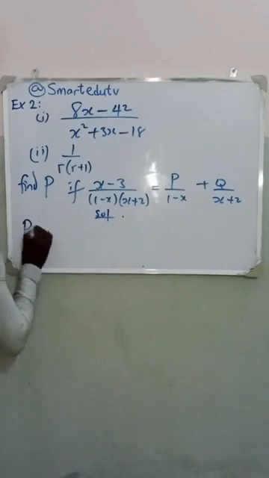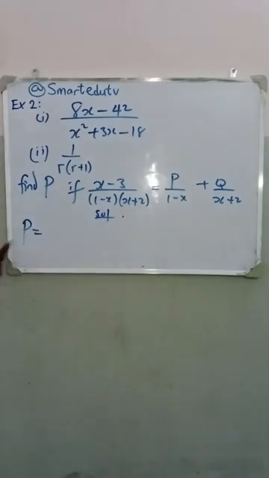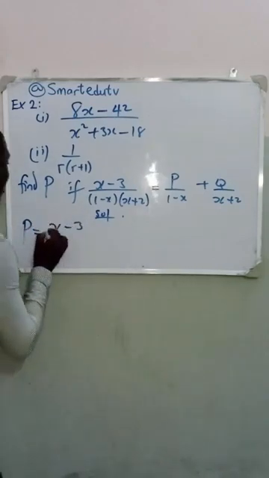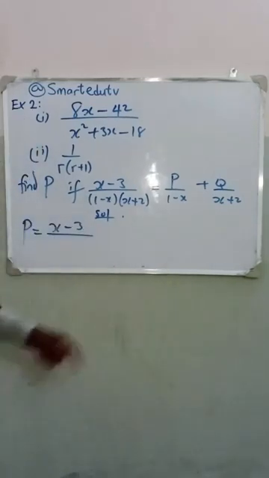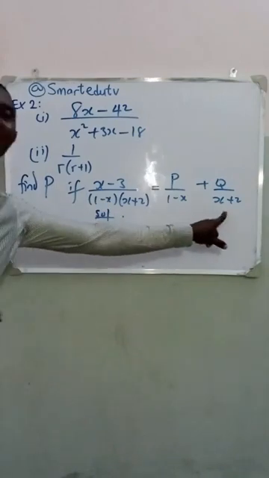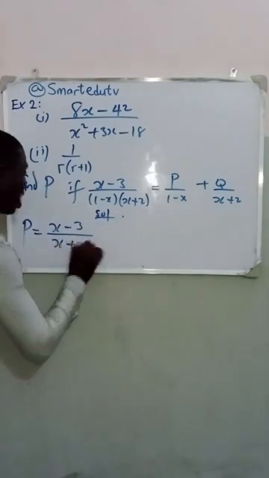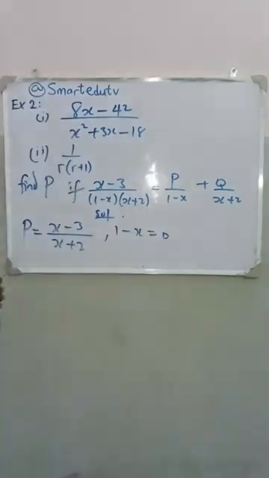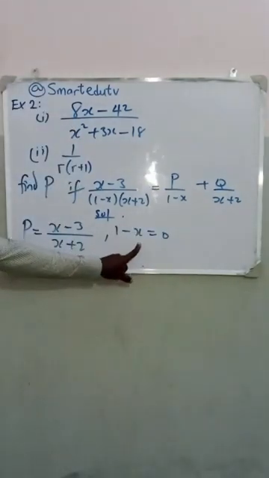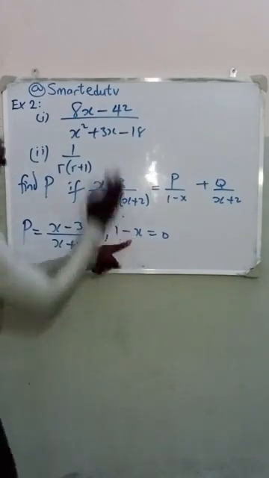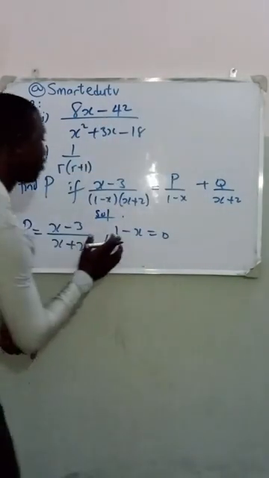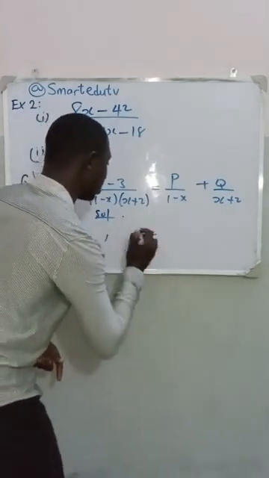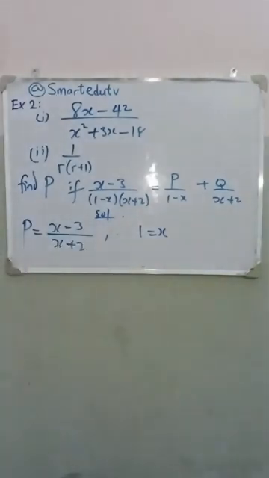The value of p will be equal to the numerator of the question given to me, which is x minus 3, divided by its neighboring denominator, which is x plus 2, at 1 minus x equals 0. If 1 minus x is equal to 0, then x goes to the other side and becomes positive, so x equals 1.